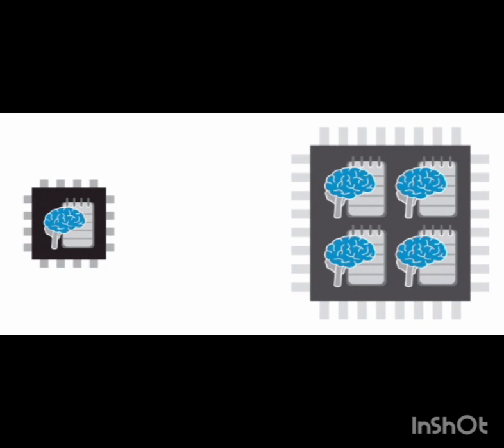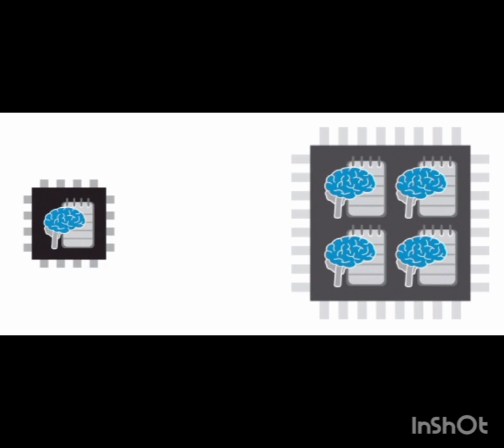Third one is the move from single-core CPUs to multi-core CPUs. This has increased performance as multi-core processors can improve the performance of applications that are designed to run in parallel. This can result in faster processing times and better overall system performance.